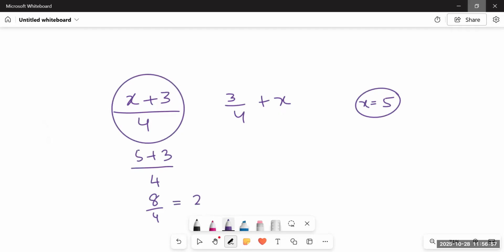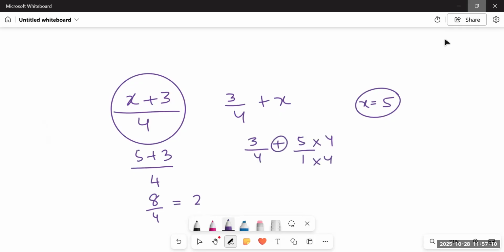What if we put the same value of x here? So it would become 3 over 4 plus 5. And now since the denominators are different, we have to keep 1 below 5, then multiply it by 4 to make the denominators the same because there is addition in between. So it becomes 3 upon 4 plus 20 upon 4, and then we add them up. It will give us 23 upon 4, which cannot be simplified.